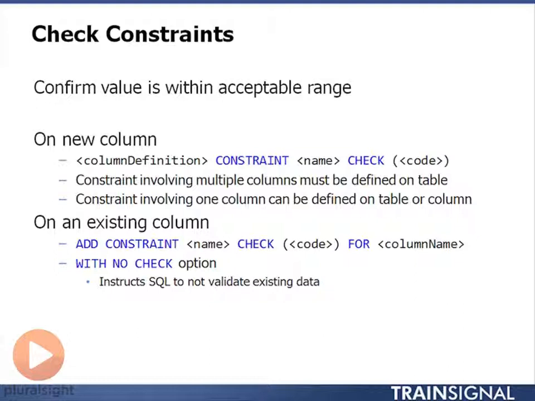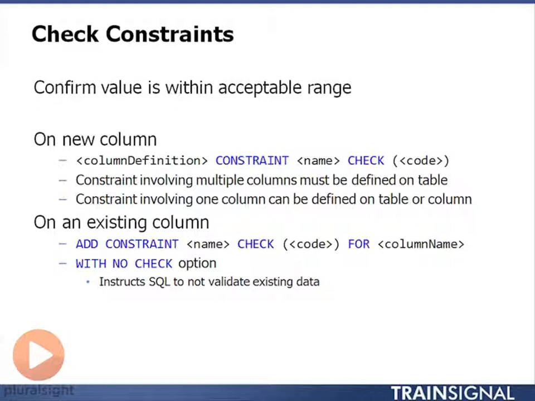In the case of altering or adding a constraint, it's simply going to be alter table and then add constraint, whatever name you want to give it, and then whatever code you want to specify. The last thing I want to mention about a check constraint is that if you're adding this to an existing table, you may have a lot of data already in there.